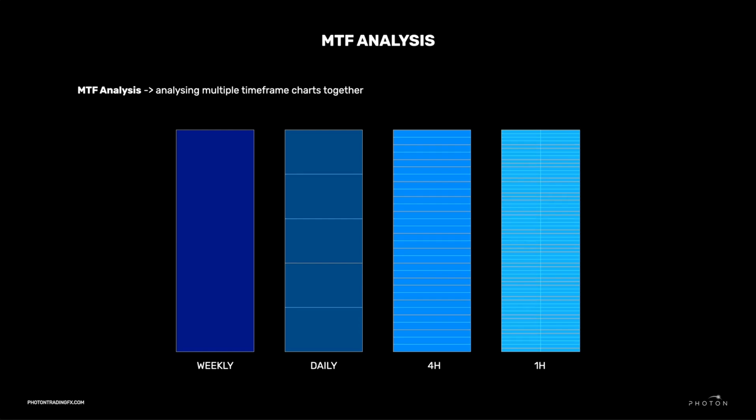So on the weekly timeframe, one weekly candlestick will contain the price action of 5 daily candlesticks, 30 4-hour candlesticks, and 120 1-hour candlesticks. Then obviously one daily candle will be made up of 24 hours worth of price action, and so on.